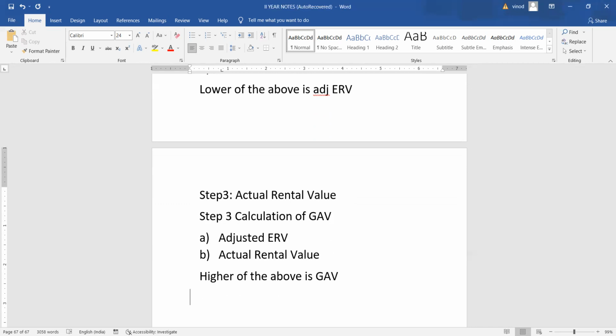Now we'll do it on a small problem. You can understand much more clearly. Let's take an example. Suppose municipal rental value is 1,75,000.